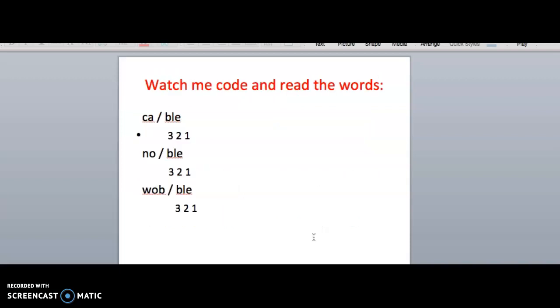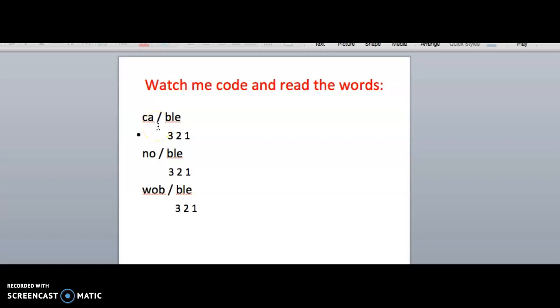Now we're going to move on, and you're going to watch me code and read the next few words. Step 1 is always to find the vowel, right? And I see my A, I see E is at the end. When my E is at the end of a word, I always have to find my pattern, and I count back 3. I go 1, 2, 3, consonant LE, chop or cut the word.